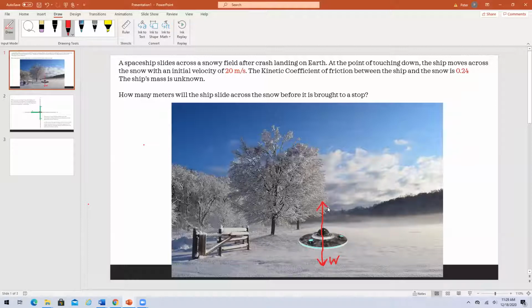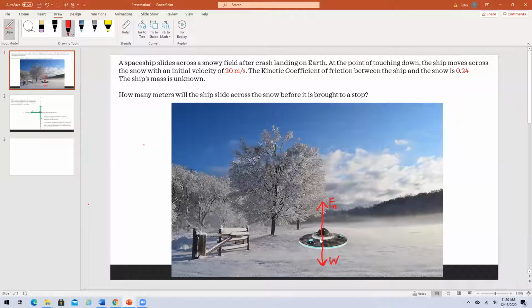It's going to become important further on in the problem, and we would call this the normal force, Fn. So that really takes care of the forces in the y-axis. Remember, this is not moving in the y-axis. It's only moving in the x-axis. It doesn't mean it doesn't have force vectors in the y-axis, but they're balanced, as we're going to see as we go forward.